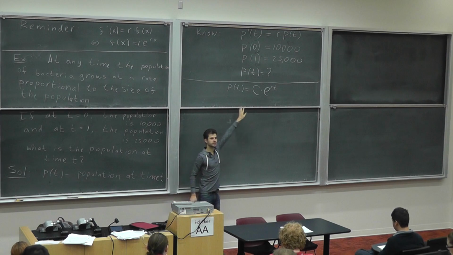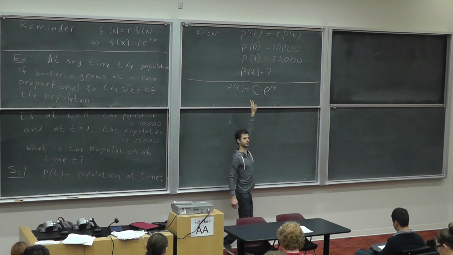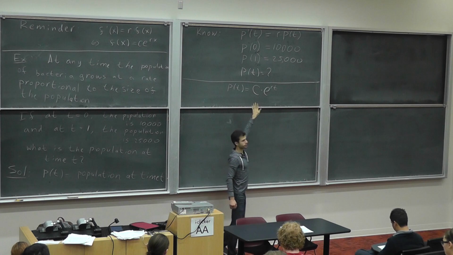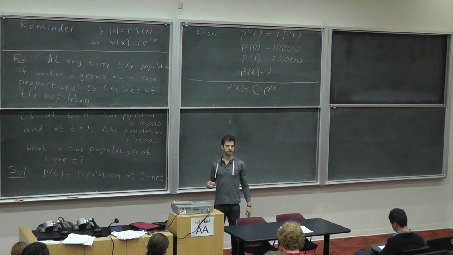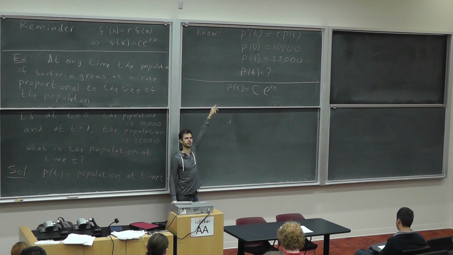That's the conclusion from the first line over there. I still don't know what c is and what r is. I now have two unknowns, but luckily I also have two equations, the second and the third line over there.